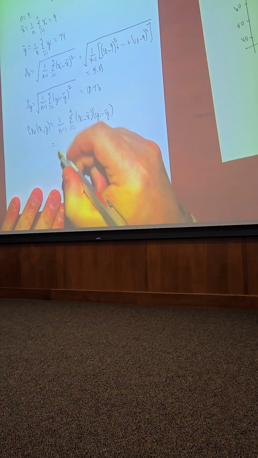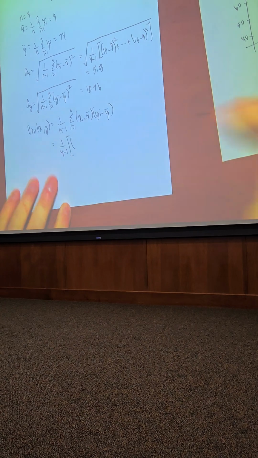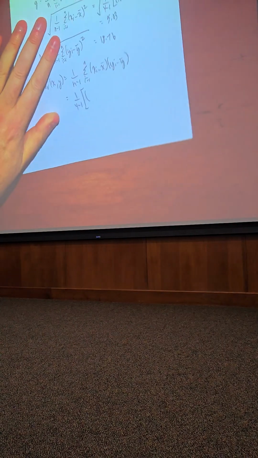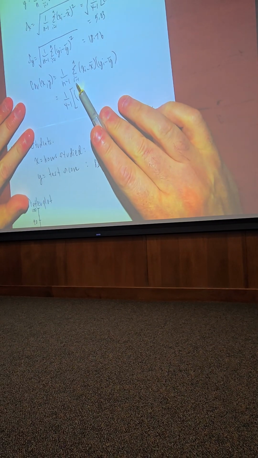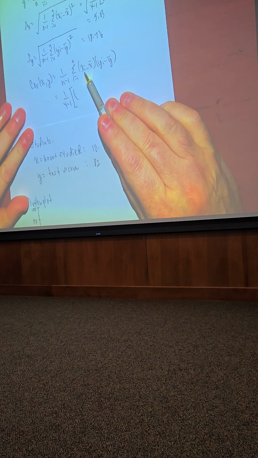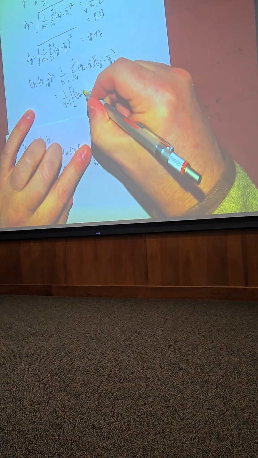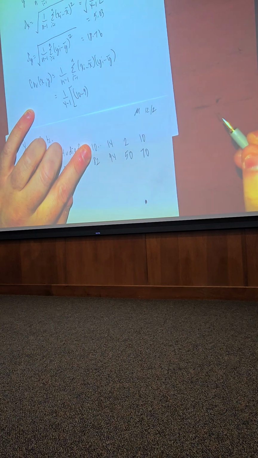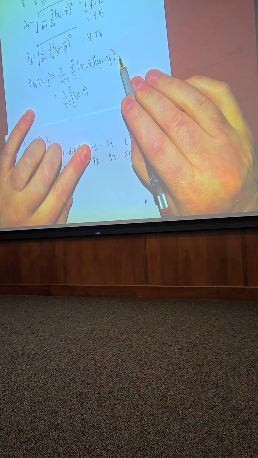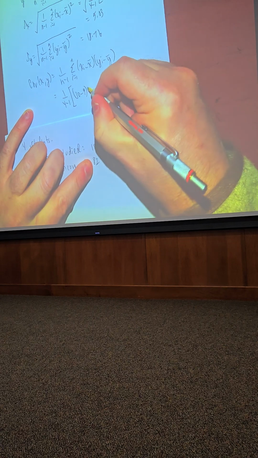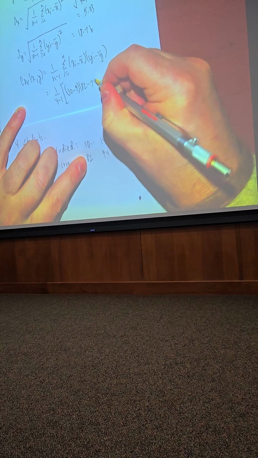So what do we get? You get 1 over 4 minus 1 times... Now, when i is 1, you get x1 minus x bar. x1 is 10 minus x bar, which is 9, times y1 minus y bar. y1 is 82 minus y bar, which is 74.